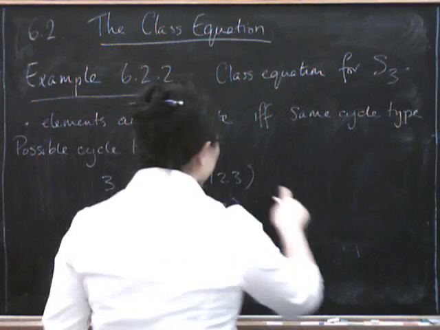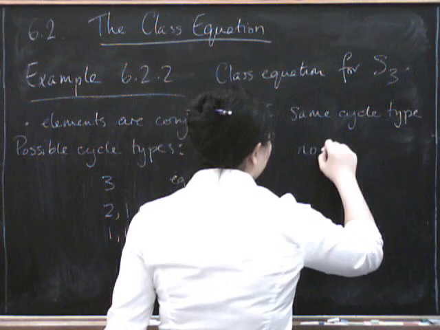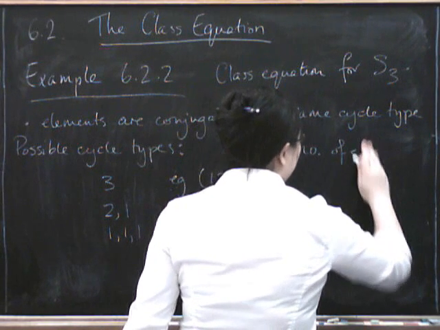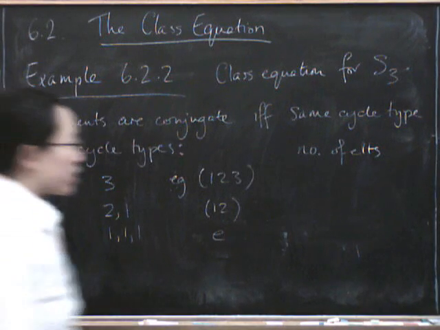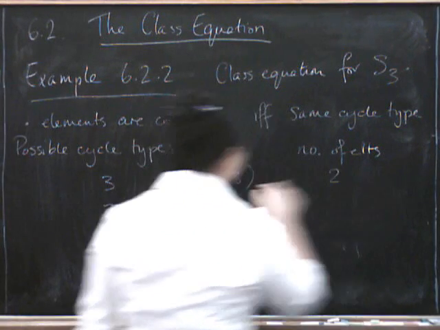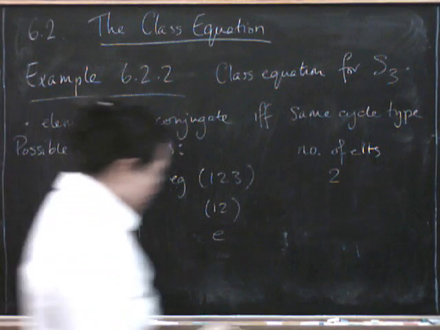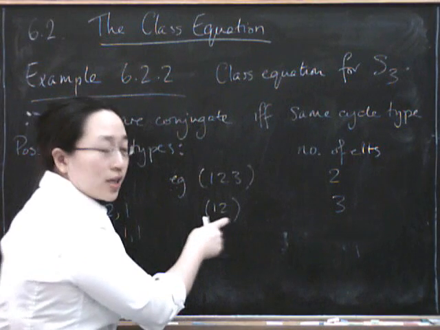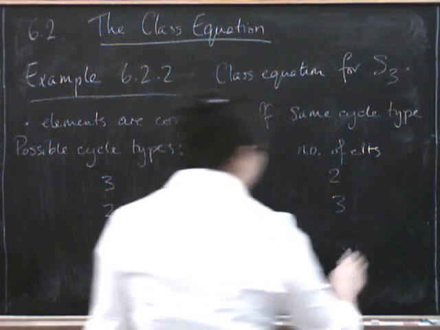Now, how many elements are there of this cycle type? Well, how many 3-cycles are there in S3? There are 2, right? Because there's that one and the one going backwards. How many transpositions are there? Oh, well, there are 3, because the only choice you have here is which element you have left out. And how many elements of the identity type are there?